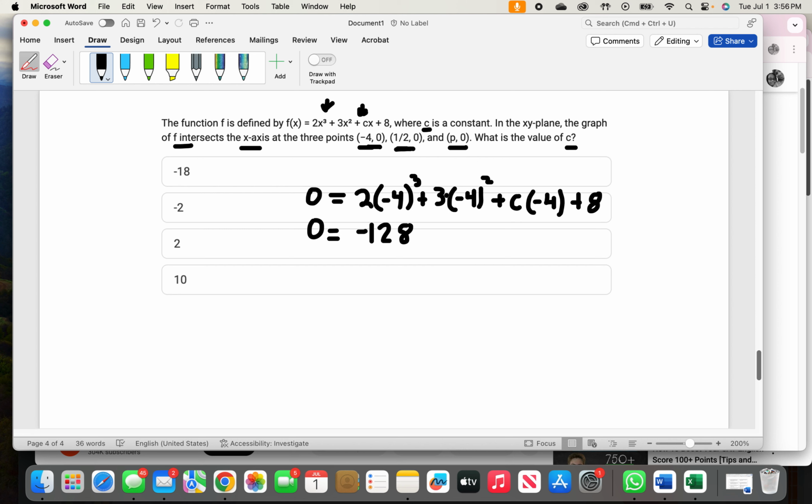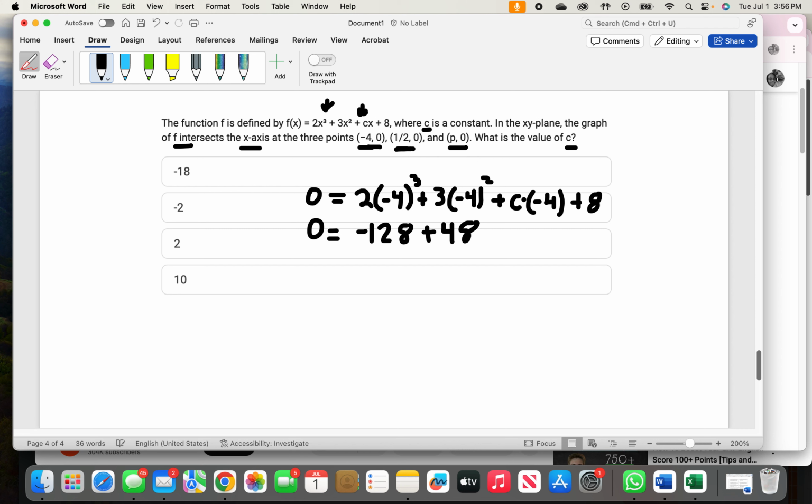Now I have here -4 to the second power. -4 to the second power is 16, because -4 times -4 is positive 16, and 16 times 3 is 48. So that gives me positive 48. So now I have plus 48.